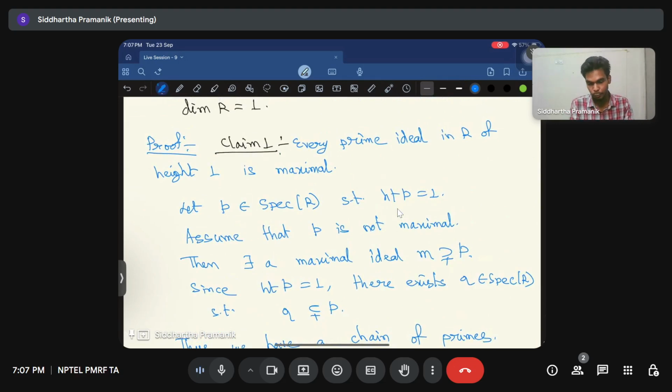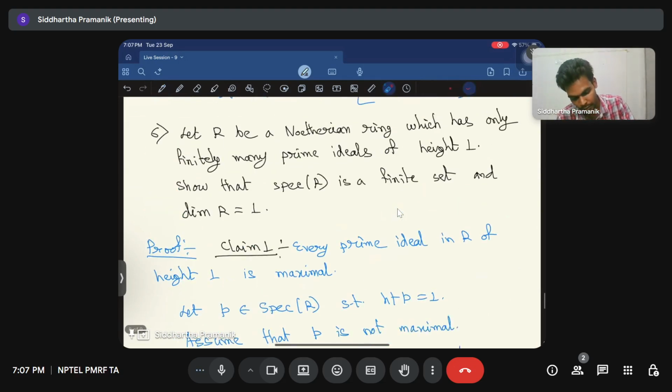Now we have to prove the other part, that spectrum of R is a finite set. So we already proved that height 1 prime ideals are finite in number. Now the only other prime ideals are height 0 prime ideals.